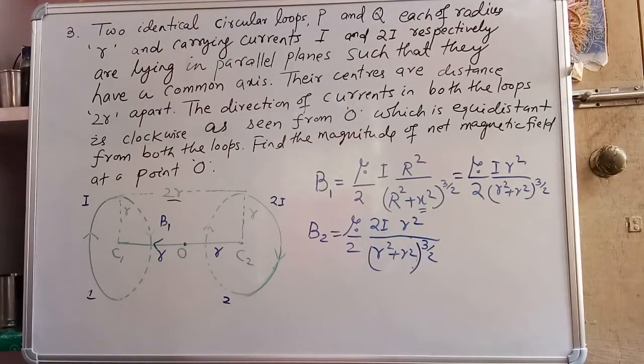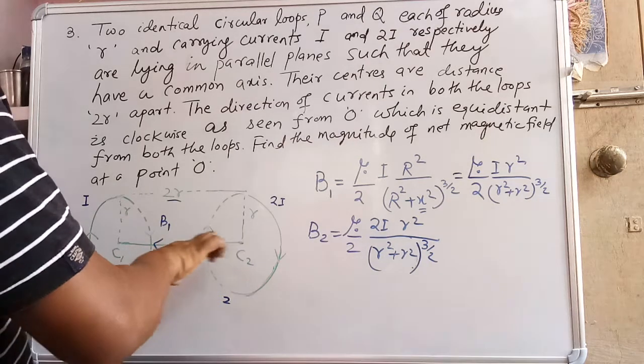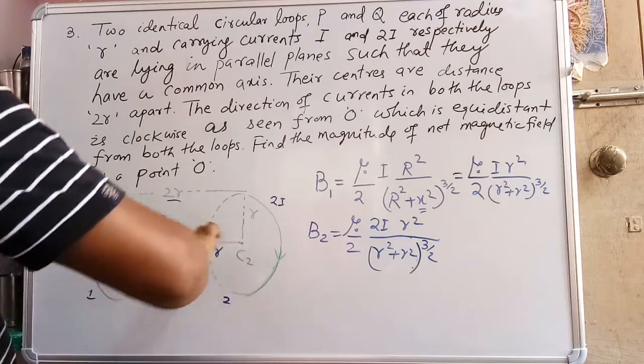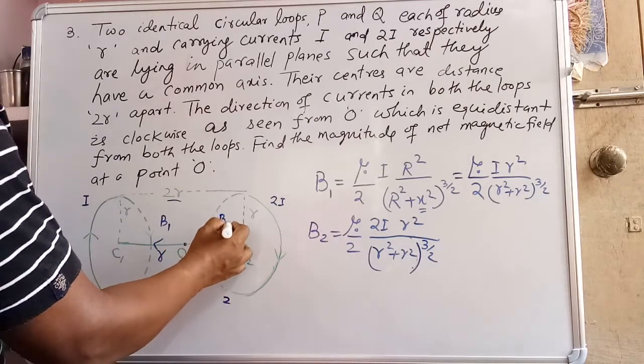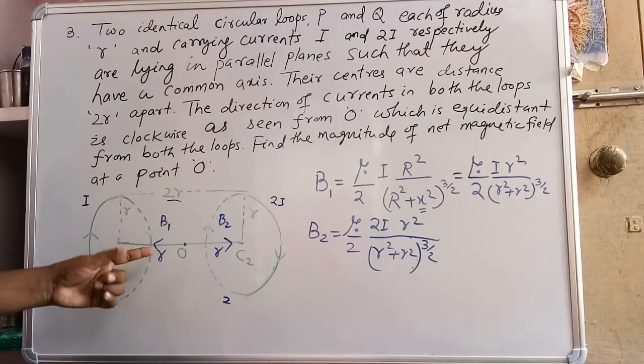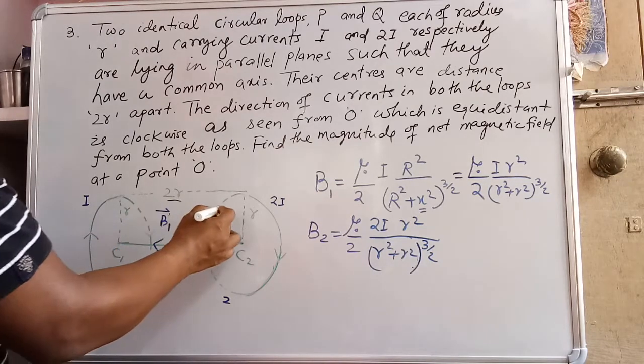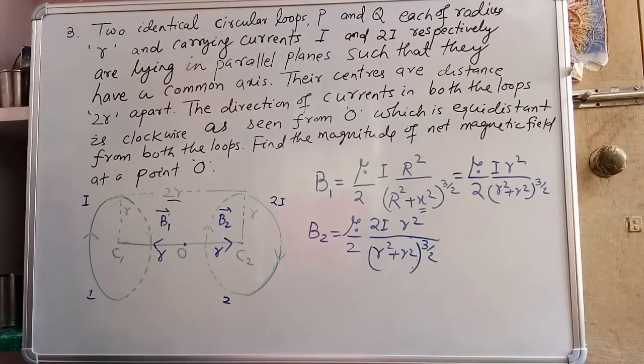So B2 equals mu naught by 2, 2I r square divided by (r square plus r square) to the power 3 by 2. The direction of the magnetic field due to the second coil is towards right, this one, B2. So B1 and B2 are in opposite directions.